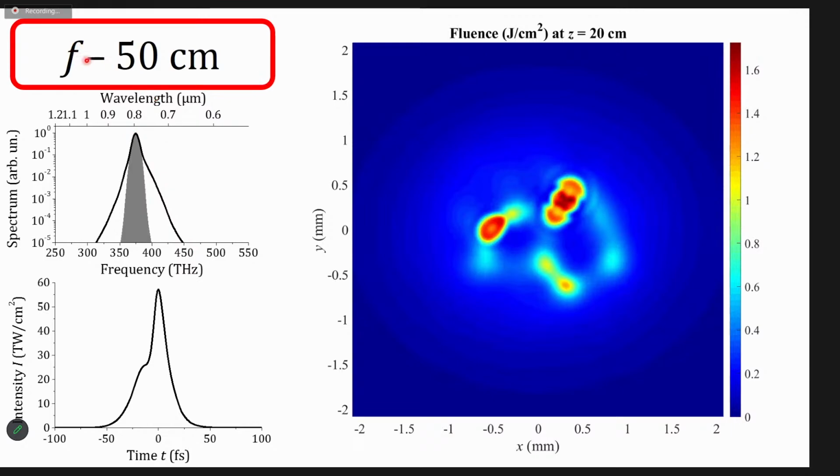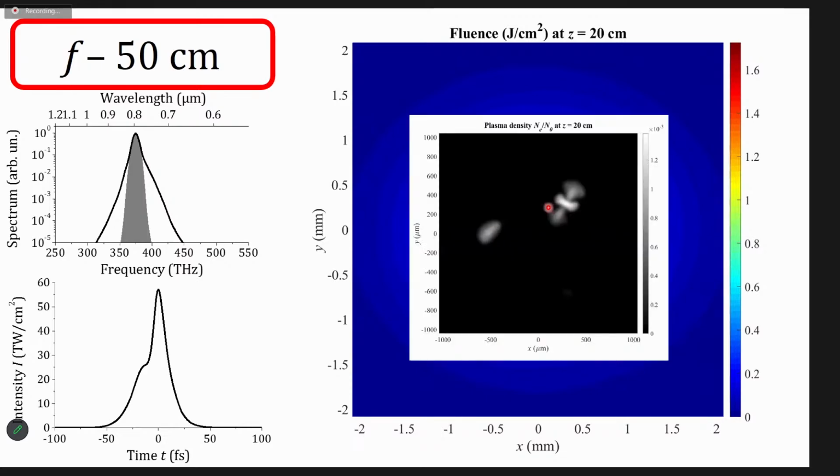and actually some filaments are formed. Some of them start to interact, and some of them have quite enough plasma, about 1 electron per 1,000 molecules, quite regular values.